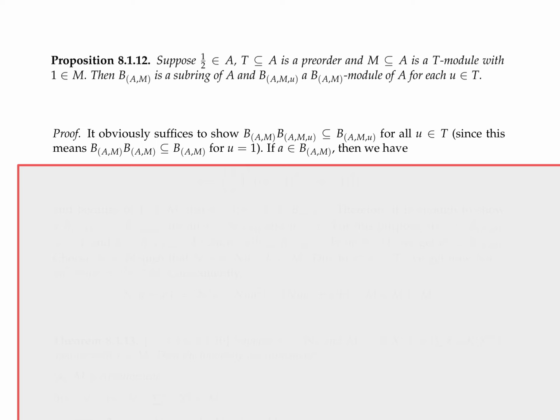It obviously suffices to show that B_A(M) times B_A(M, u) is contained in B_A(M, u) for all u in T.